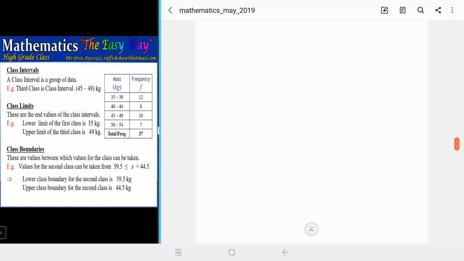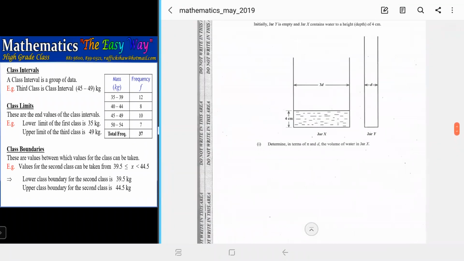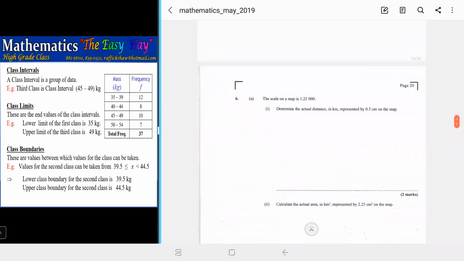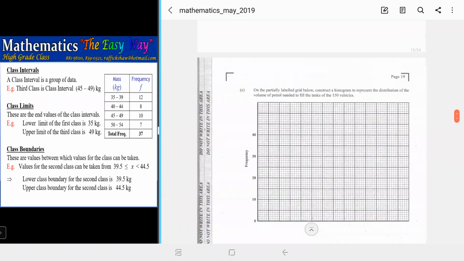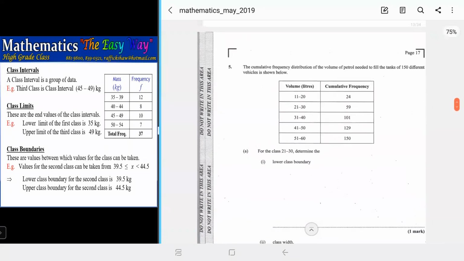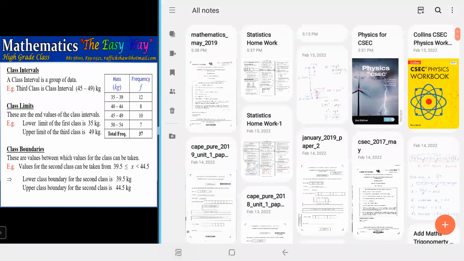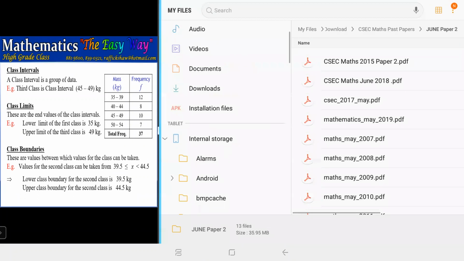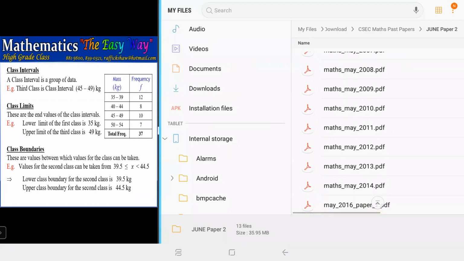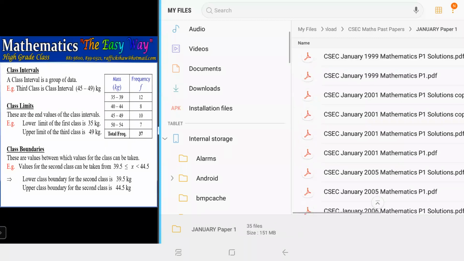One of the more recent papers, they gave a question that was ungrouped, as most times the data is grouped. See, this one is a grouped one, so that's not it. A recent paper, man. Let's see. January 2019.